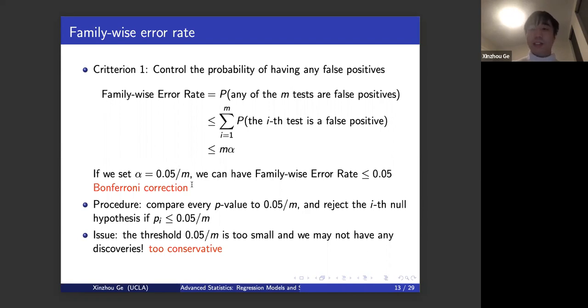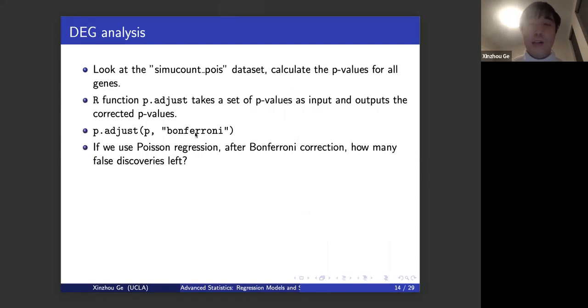The detection procedure can be just comparing every p-value to 0.05 over n and rejecting the i-th null hypothesis if p_i is smaller or equal to 0.05 over n. We call this procedure the Bonferroni procedure. If we want to use R to implement this procedure, we can use the function called p.adjust, which will help us do the p-value adjustment.